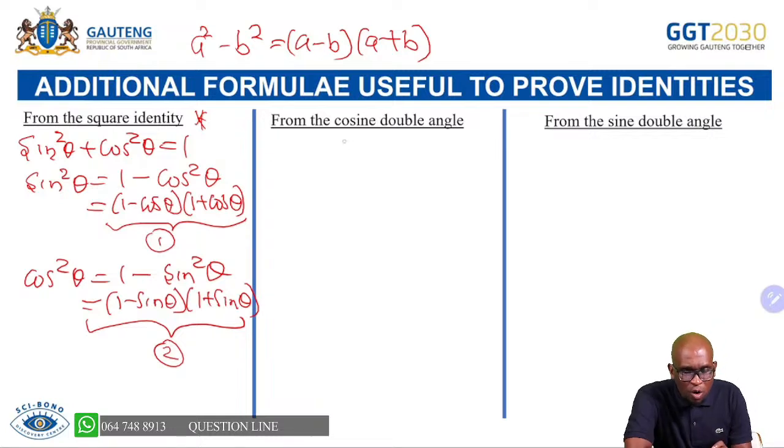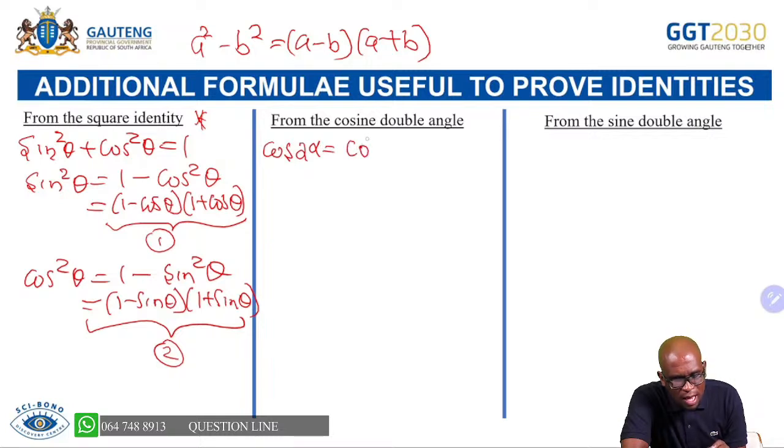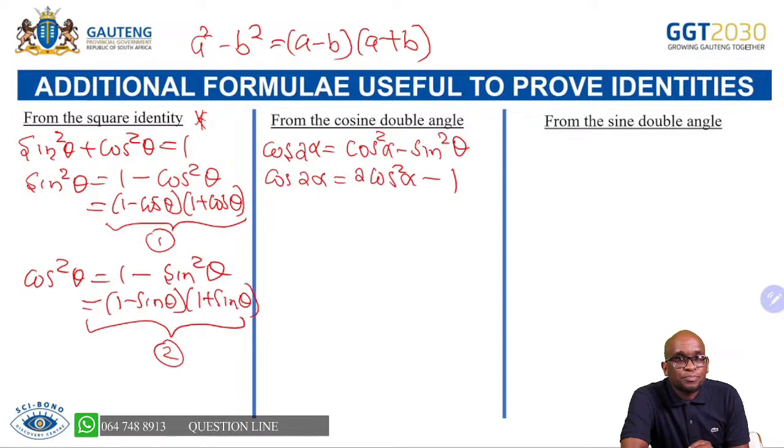Now, from the cosine double angle, the cosine double angle can be written as what? The cosine of 2 alpha is the cosine squared of alpha minus the sine squared of alpha. This can also be written as the cosine of double alpha, 2 cos squared alpha minus 1.